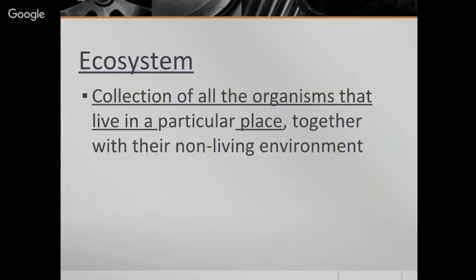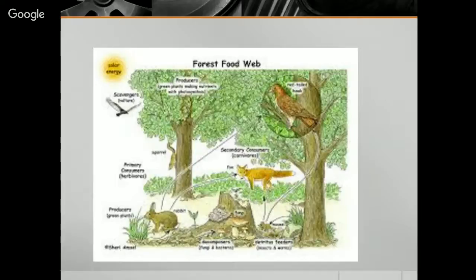And an ecosystem is a collection of all of the organisms that live in a particular place together with their non-living environment. The non-living environment are things like the weather and the rocks and the water. This is an example of a food web, which we're going to talk more about in a different lecture. This just shows all of the possible feeding relationships within an ecosystem.